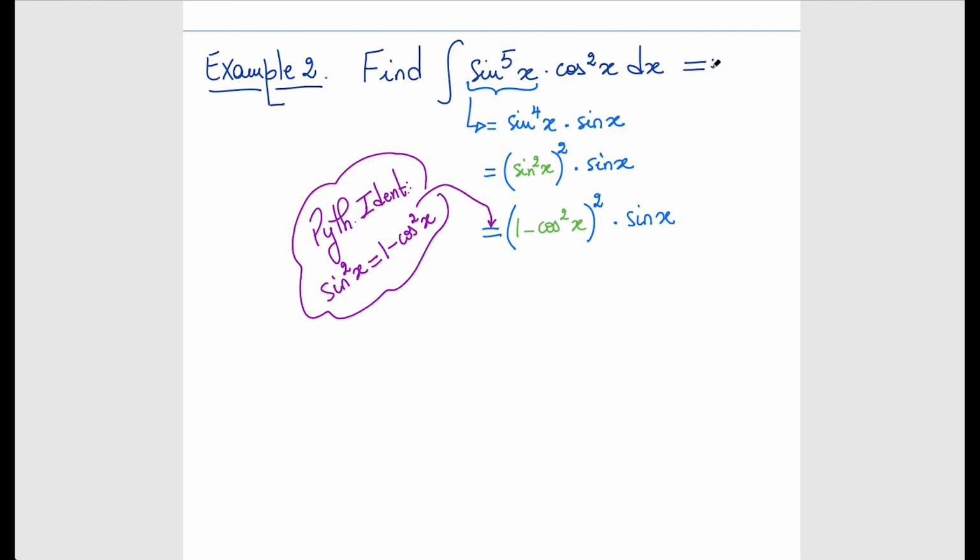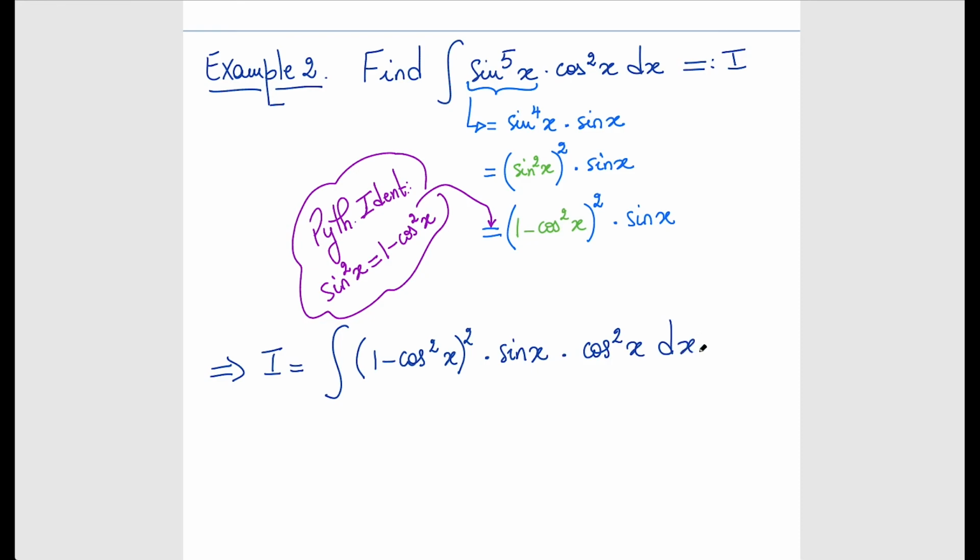How about the name I? So I is simply the primitive of this expression, which now can be seen as 1 minus cosine squared x squared times sine x, times the square of cosine, dx.